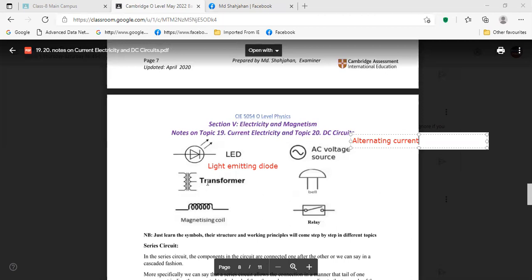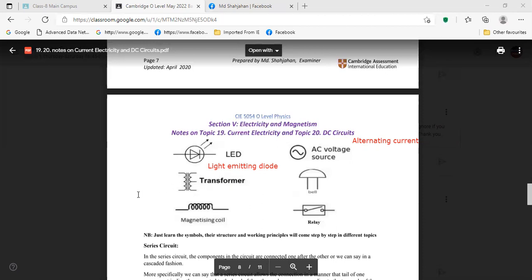So here we have bell. Bell means electric bell. You are very much familiar with that one. Now transformer, you just write here. You will get more details about transformer in topic 23, electromagnetic induction. AC voltage will also be discussed over there. AC voltage and transformer will be discussed in topic 23.